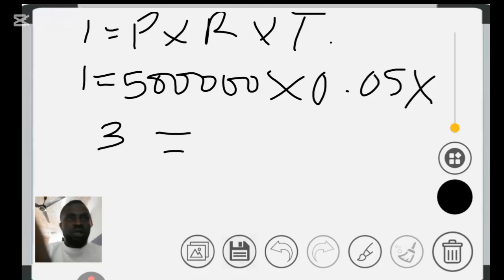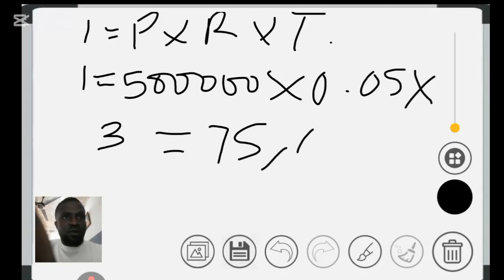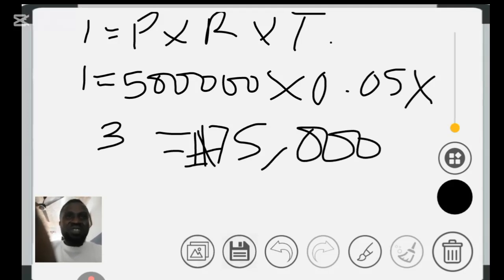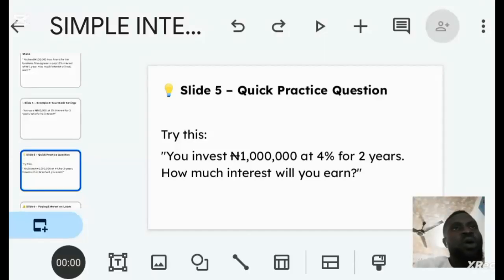When you multiply them, 500,000 times 0.05 times 3, you get an interest of 75,000 naira. You didn't lift a finger, and the bank gave you 75,000 naira. That is the magic of letting your money work for you. You're welcome.